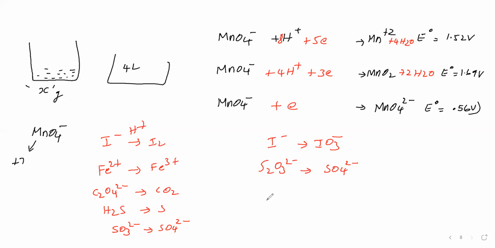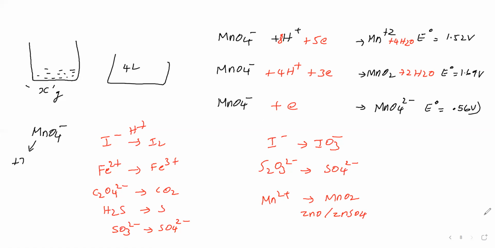Then Mn plus 2 is converted into MnO2. Here zinc oxide or zinc sulfate acts as catalyst. In these cases, permanganate is converted into MnO2.